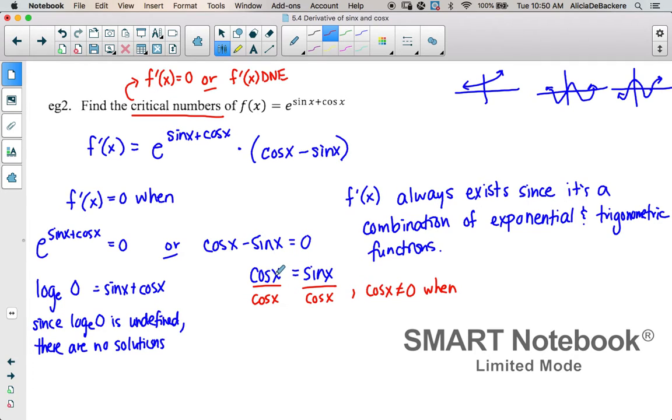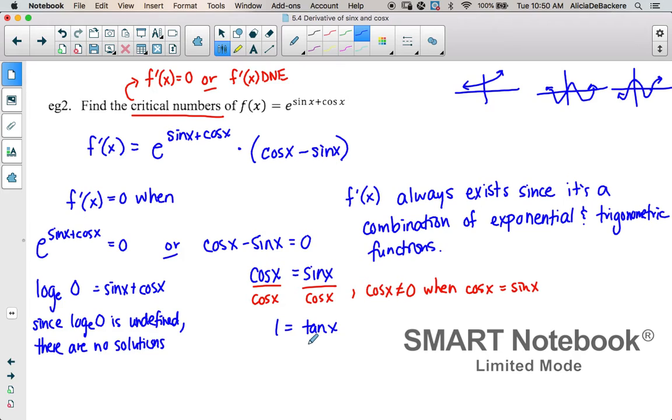So for all those x-intercepts of cosine x, they're not also going to be x-intercepts of the sine curve. These guys have different x-intercepts. So I know that it will never equal 0 when the original statement is true, so I can divide by cos x. And so then this gives me on the left 1 is equal to tan x on the right.